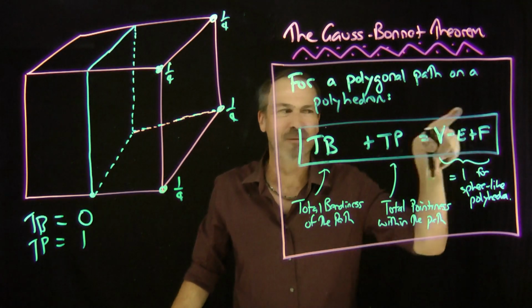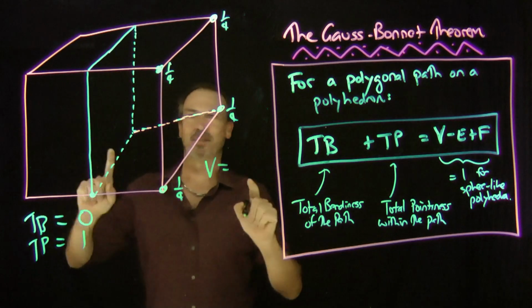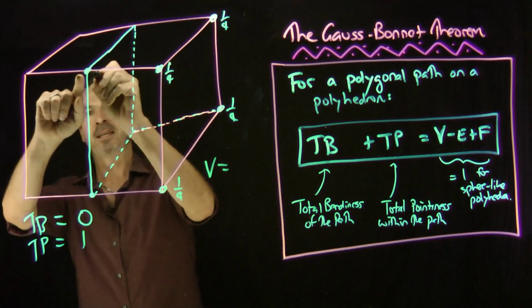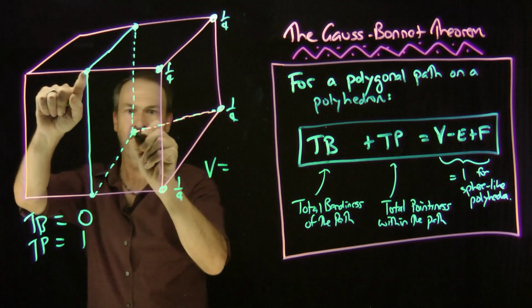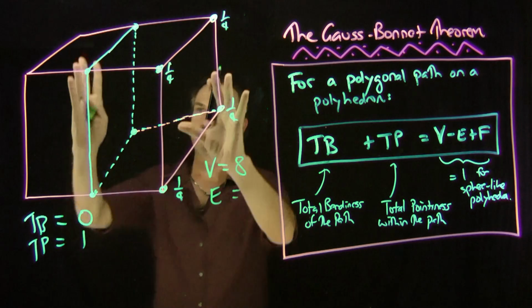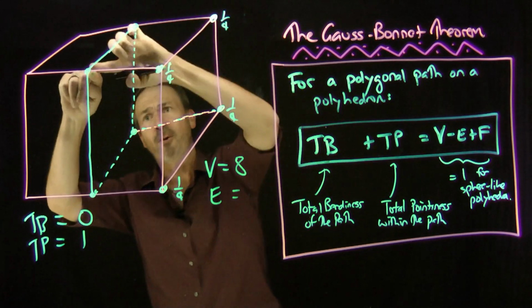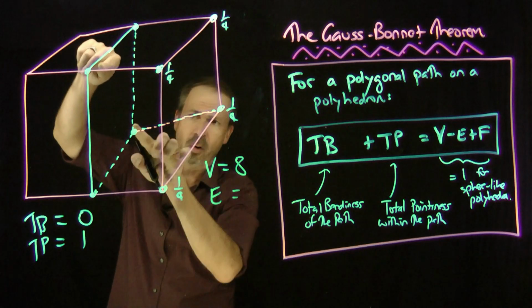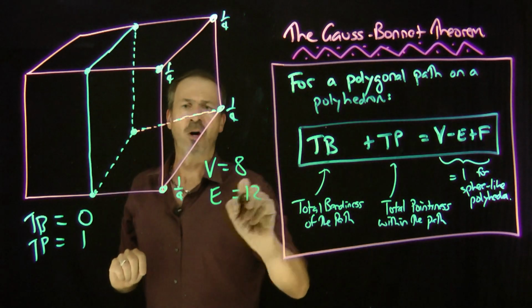And to double check me on the V minus E plus F part, let's work out V for this. How many vertices am I talking about in this picture? So there's my path, has some vertices, there's some other vertices, there's 4 there, 1, 2, and 3, 4, so there's 8 vertices in total. Number of edges I'm dealing with in this picture, for my path and all its inside, is 1, 2, 3, 4 edges at the top, 1, 2, 3, 4 edges on the bottom, and I can see 4 vertical edges, makes a total of 12 edges.